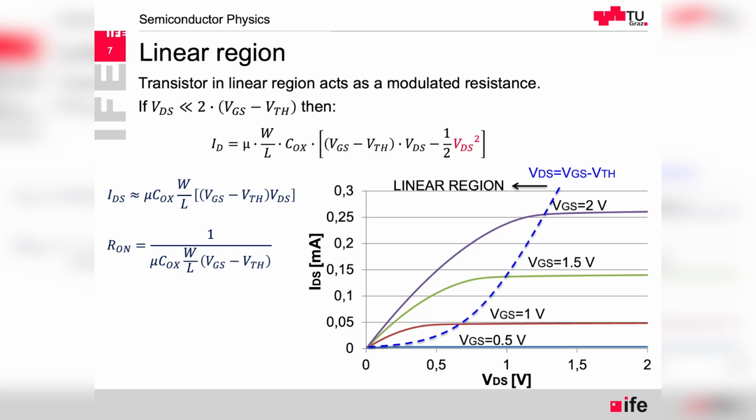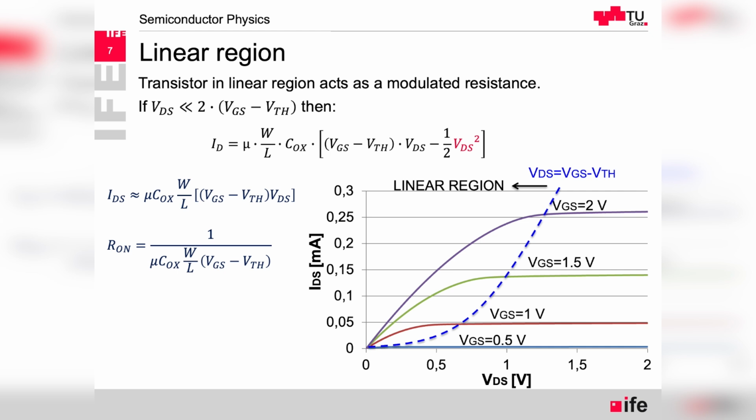If we look at this current equation in this format, then we can recall the expression for resistance, the linear dependency of current and voltage. We can see that between IDS and VDS there is just a linear dependency, and the resistance is the coefficient inverted: 1 over mobility times oxide capacitance times dimensions W over L times VGS minus VTH.